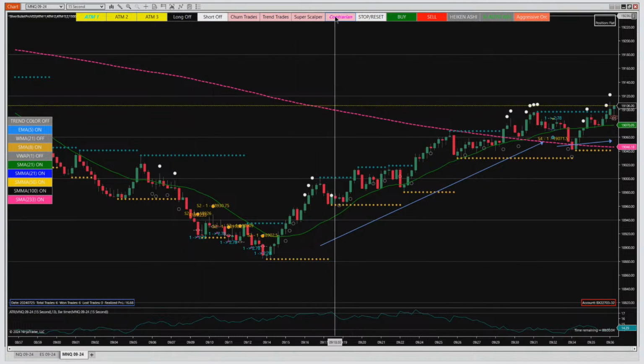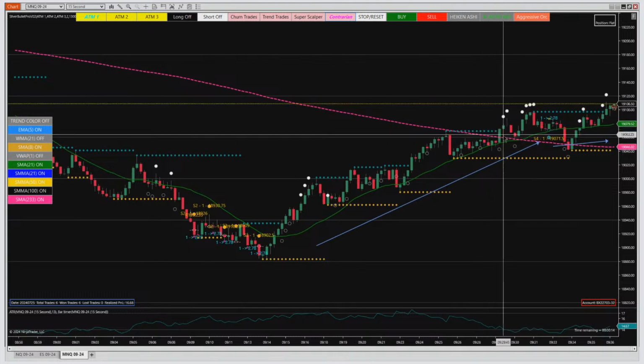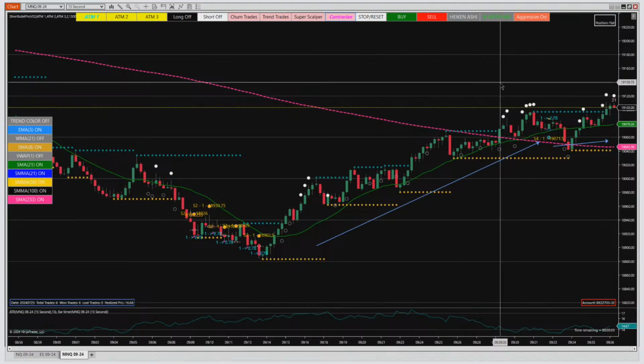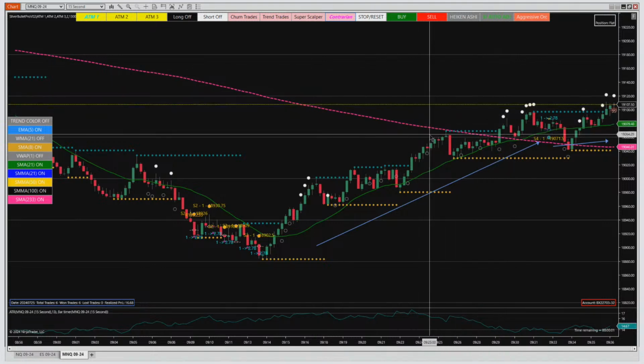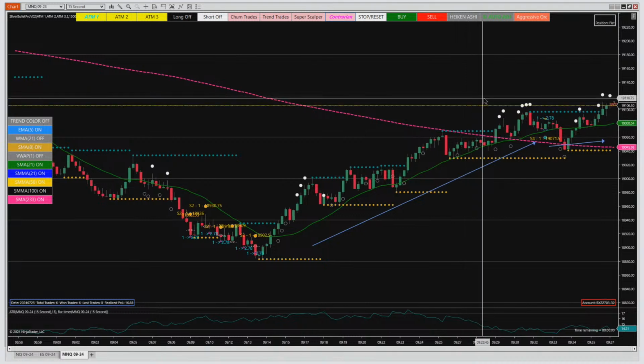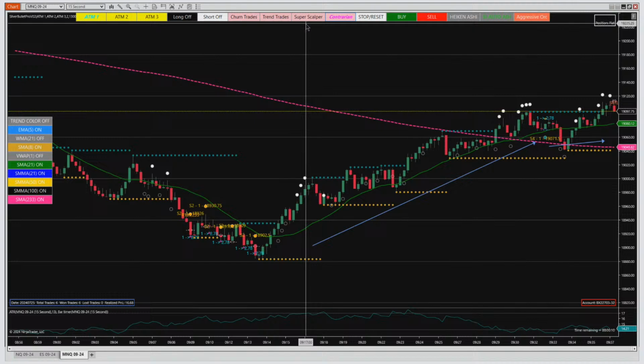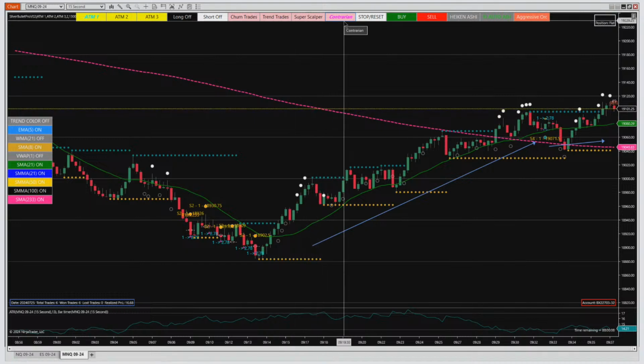Contrarian would be better. So if the market pushes up and comes down, I could turn default trades on.